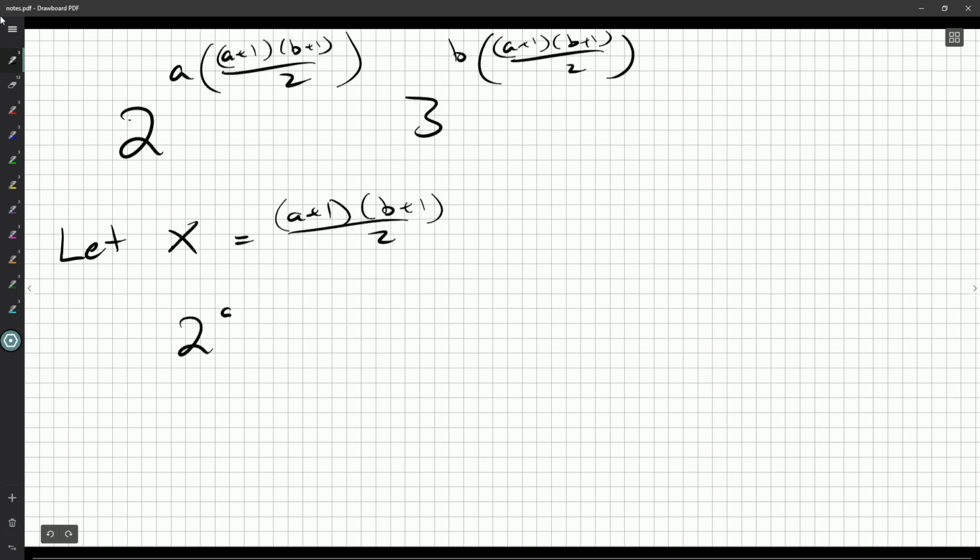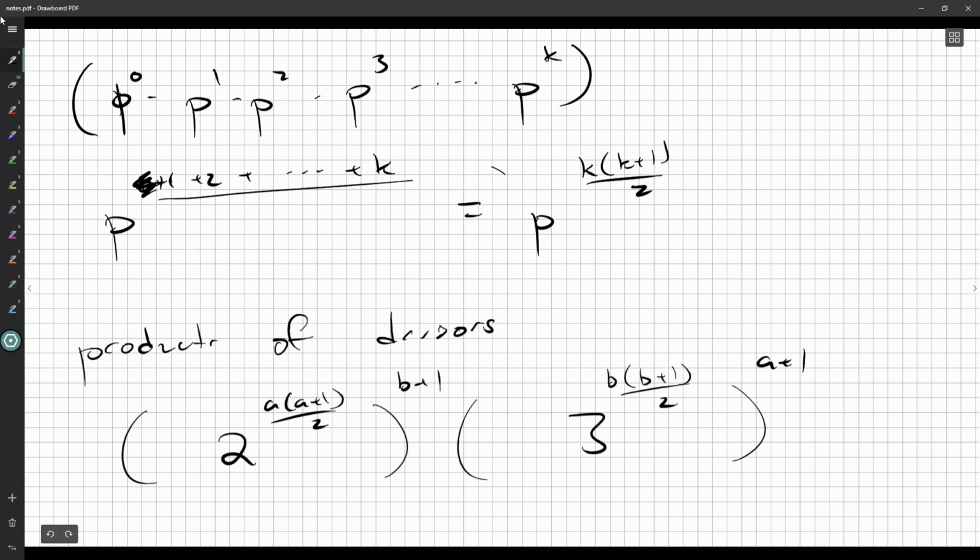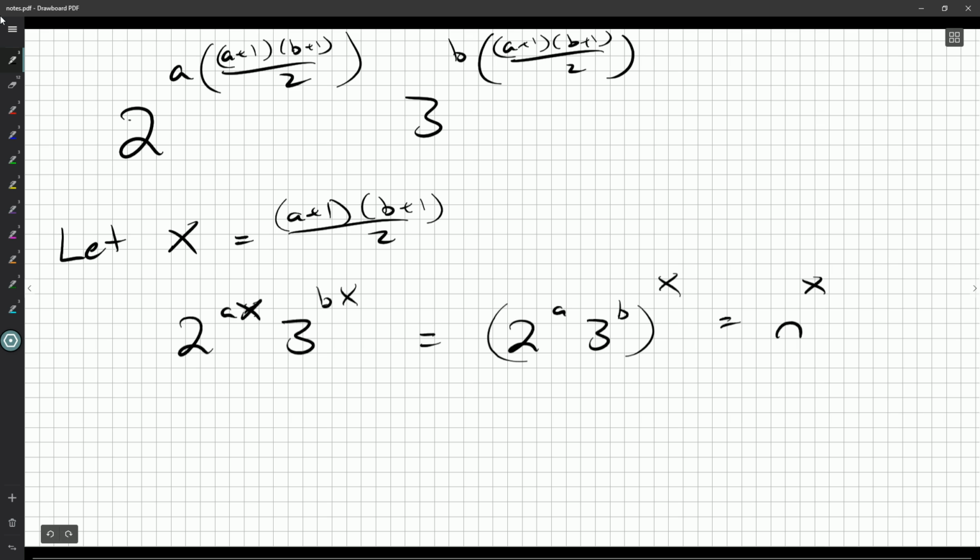This is 2 to the Ax, 3 to the Bx, but if I take out the x from both of them, you get this. Now what does this look like? This looks like n. So n to the x is my product of all these factors. So 24 to the 240 has to look like n to the x.